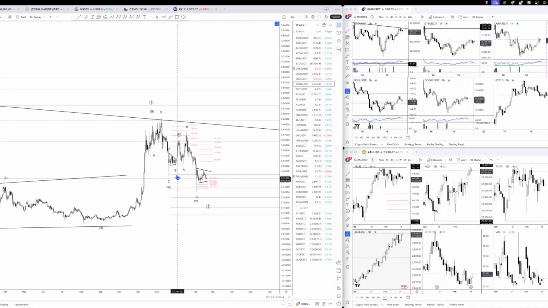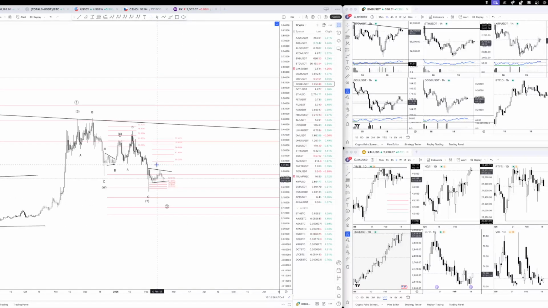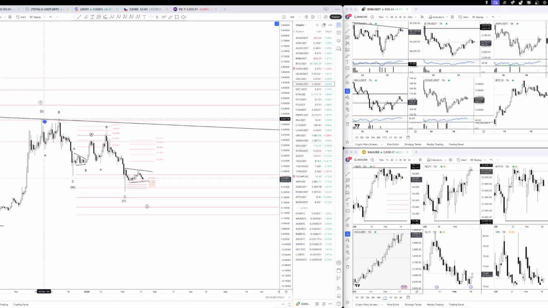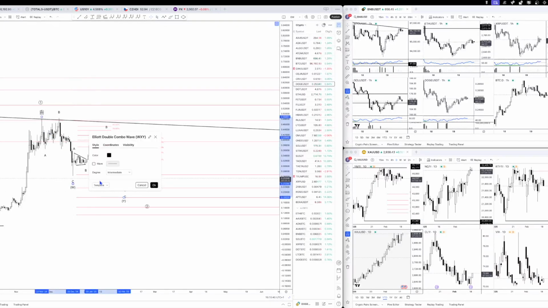There is a possibility that this ABC correction is complete, which in this case is not labeled an ABC, but a WXY. I'm going to put it like that so you can see it better.